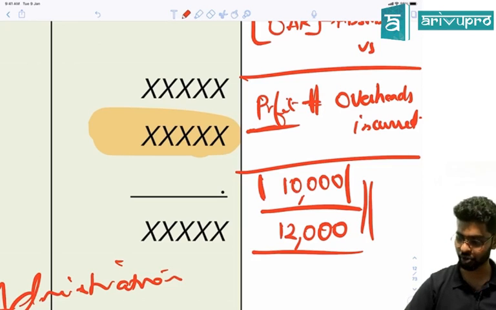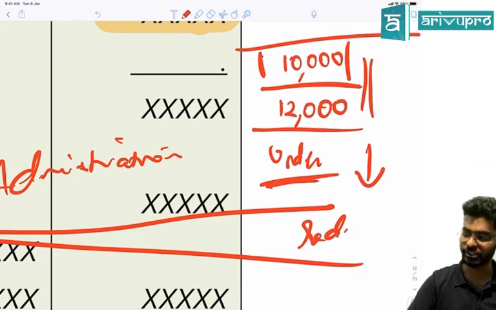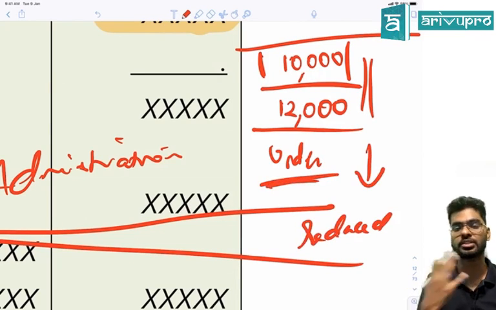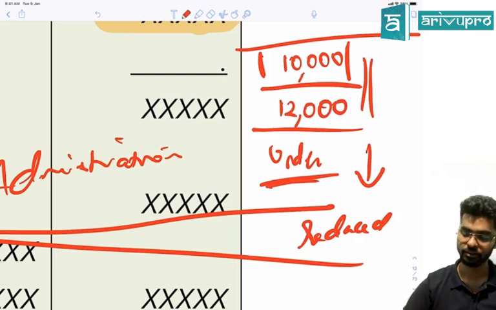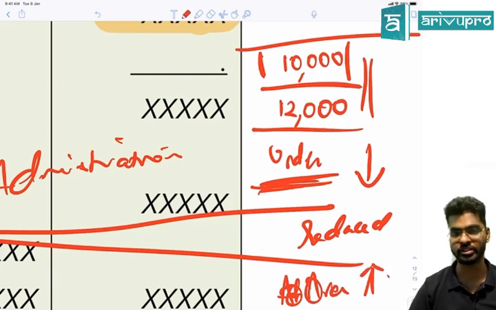This is under absorption. And under absorption will always reduce my profits. Why? Because my actual expenses are more than what I've recovered. It will always reduce my profit. And over absorption will always increase my profits. Are you clear?